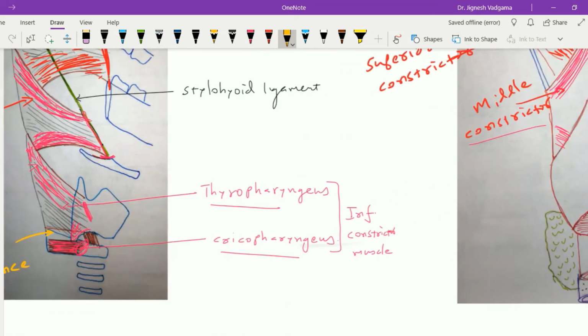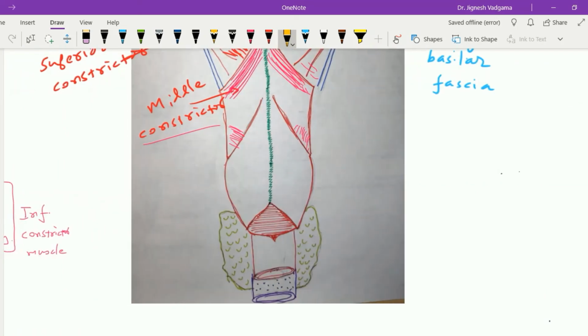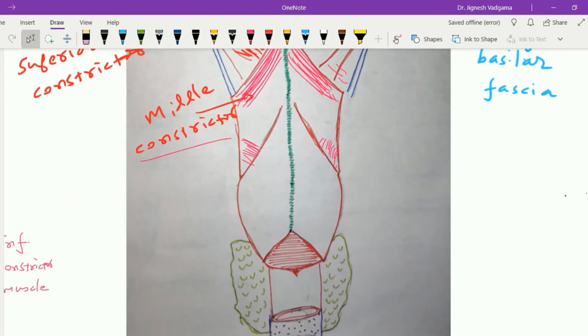So here let's see the inferior constrictor muscle. It has the thyropharyngeus muscle, which attaches to the median fibrous raphe after overlapping the middle constrictor muscle, while the cricopharyngeus muscle is horizontal and does not attach to the median fibrous raphe, but is continuous with the opposite-sided fellow.